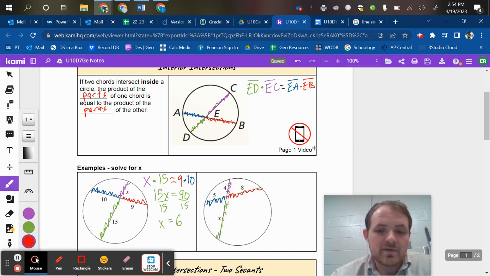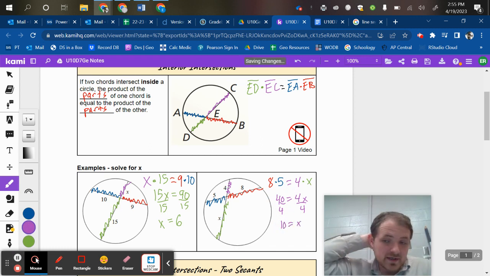So we've got 8 times 5. And that is equal to 4 times x, giving me 40 equal to 4x. Dividing by 4 on both sides gives me that x is equal to 10.